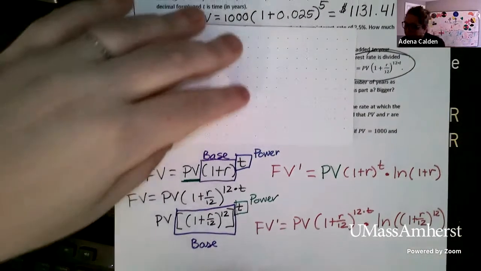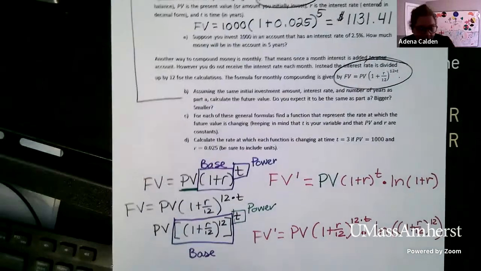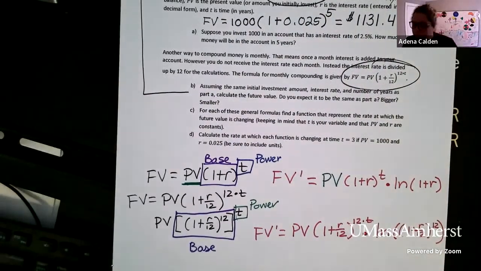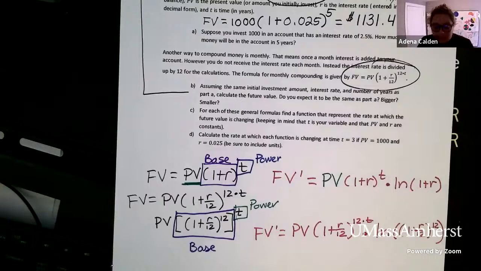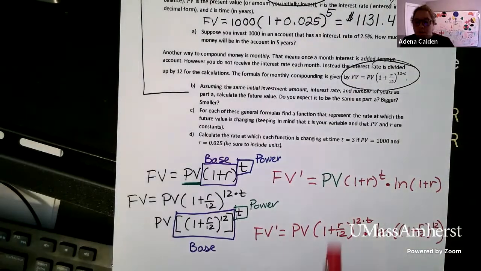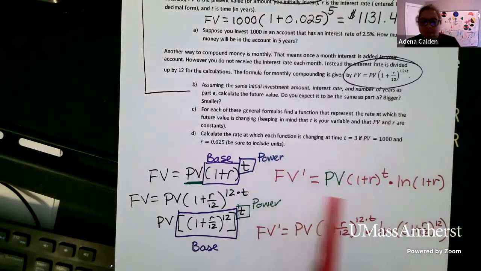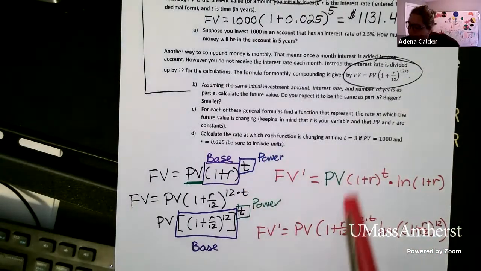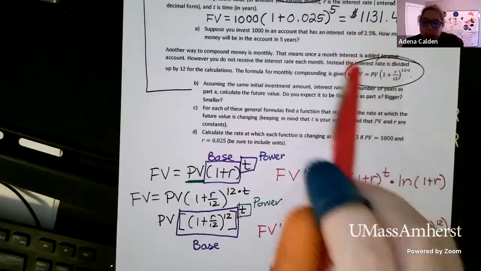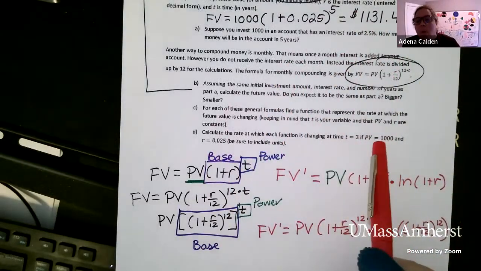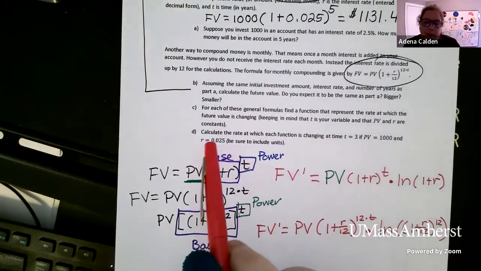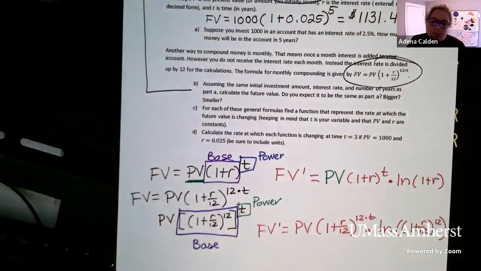So the final question here is actually calculating something using this derivative. So we want to calculate the rate at which each function is changing. So these two functions, the rate at which they are changing is the derivative. At time equals 3, so in the middle of this 5-year process, when present value is 1,000 and the interest rate is 0.025.